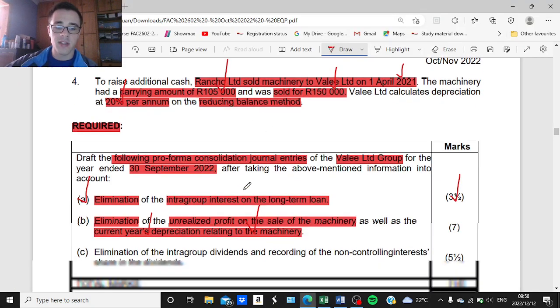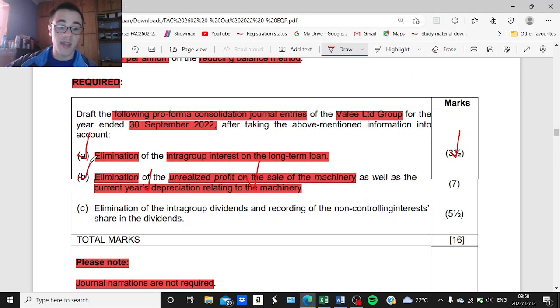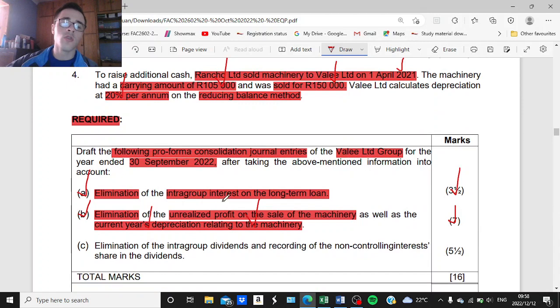Okay, we are done with additional or point B, or journal entry number B. Okay, giving you a total of 7 marks. And this is normally one of those pro forma consolidation journal entries that they ask in 99% of pro forma consolidation journal entry questions.